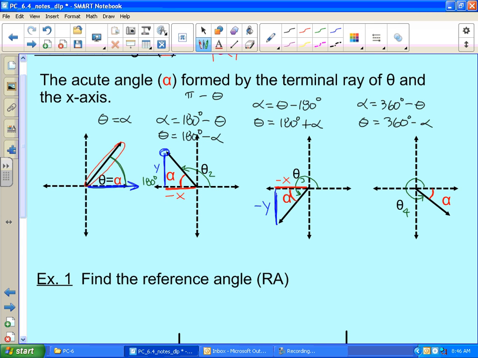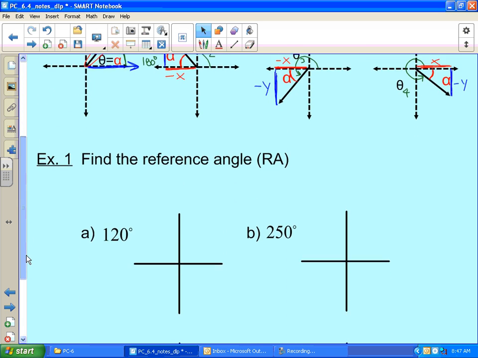In quadrant 4, I have that y value, which is negative, and this x value, which is positive. So every time I put myself in a quadrant, I create these triangle relationships with x's and y's.